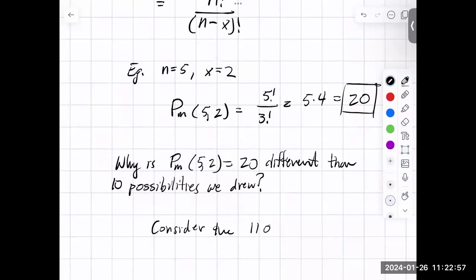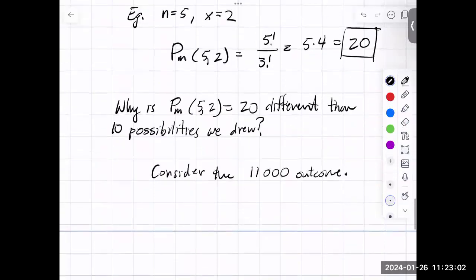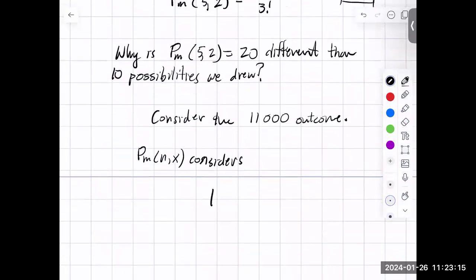Consider the 1 1 0 0 0 outcome. Okay, so the number of permutations considers that the order that we make the choices of our heads matters. So if we choose this one first or this one first, those are distinct possibilities, even though the outcome looks the same.